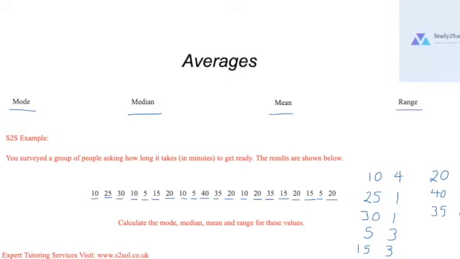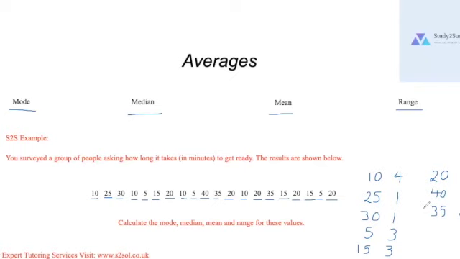Because I have marked each number as we went along, if we count how many people we surveyed and count our total number here, the values are going to be exactly the same, which shows us that we've not missed out any of the values.